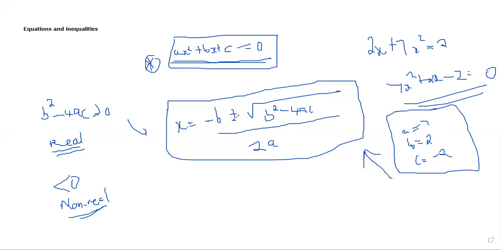right? Just don't forget that here we have plus or minus. This plus or minus means you have both plus and minus.